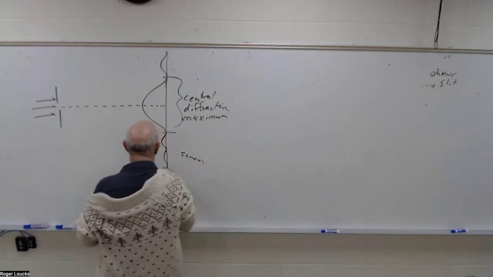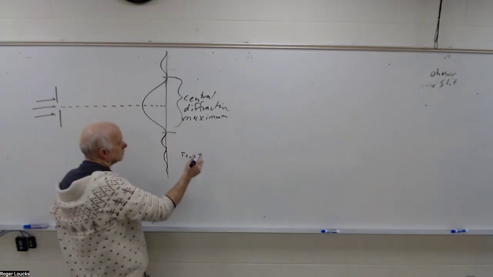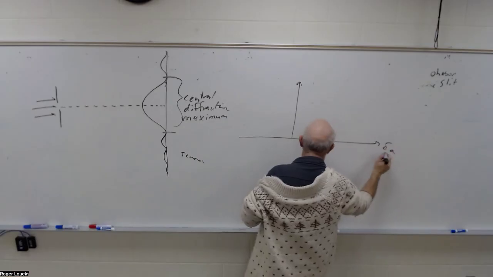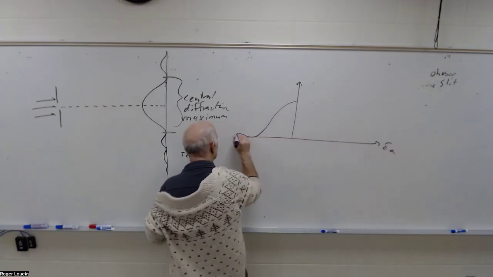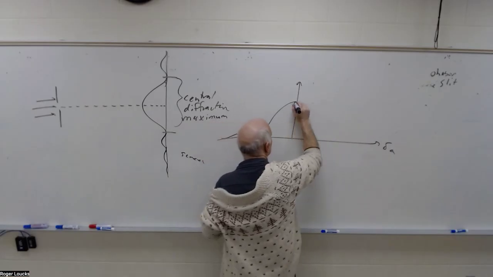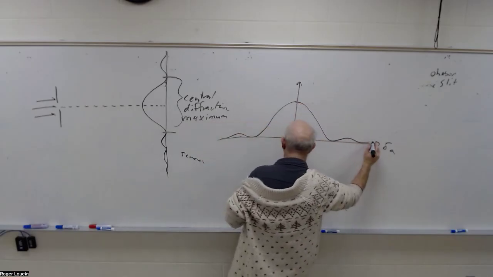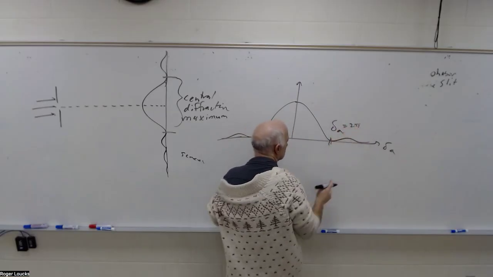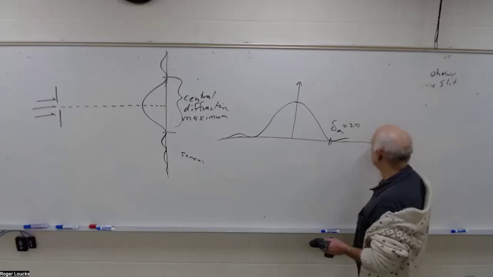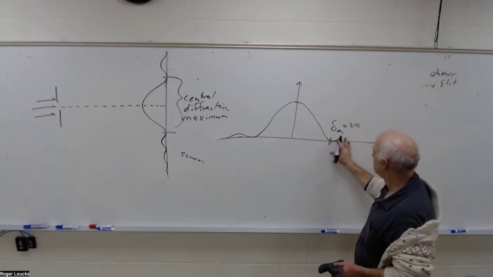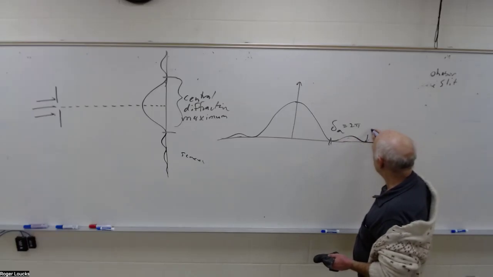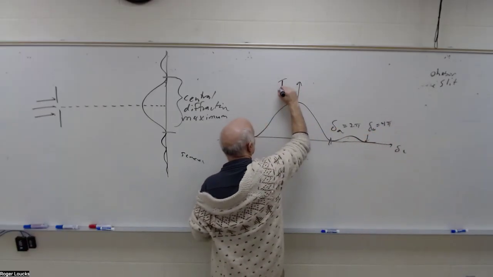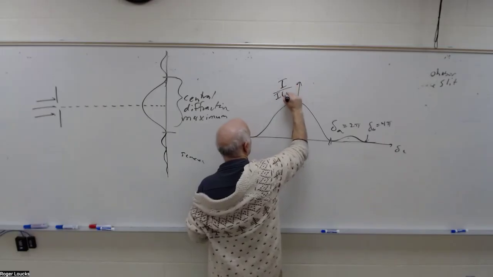So I call the intensity here, I'm going to graph this. This is delta A. This right here would be my delta A of 2 pi. Those right here, this is going to be the intensity over the intensity at 0.